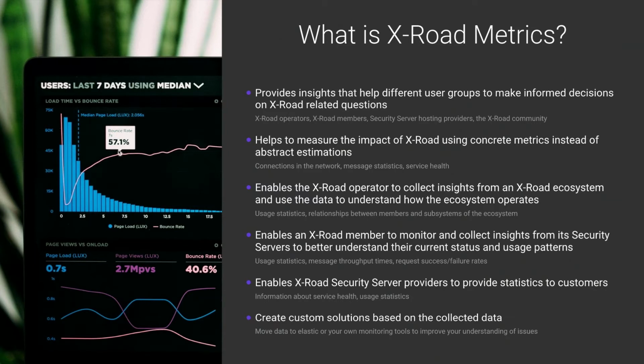And one interesting example is API monetization. If you have an API service, you publish it to X-Road, and you want to monetize it. You want your users to pay for that service based on their real use. So X-Road metrics can provide that data regarding the use of the services, and then on top of that, it's possible to build additional logic that does the actual billing and invoicing part.